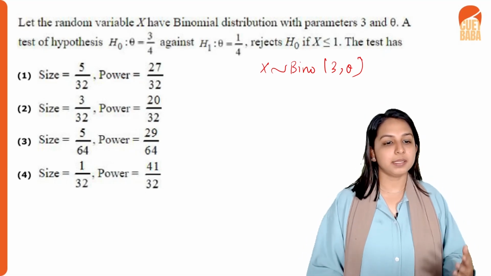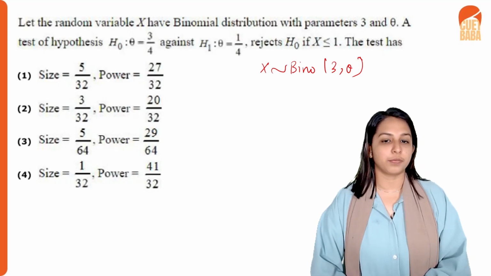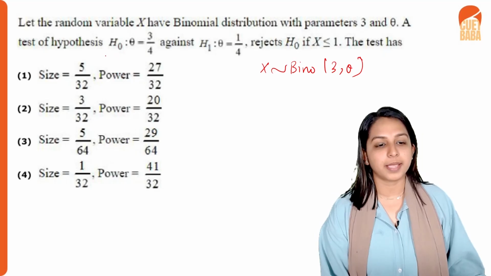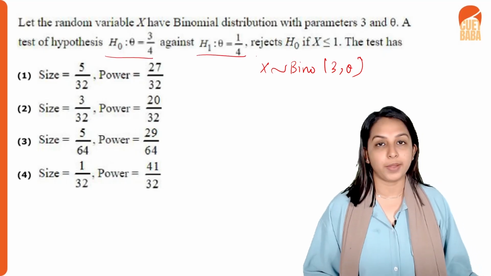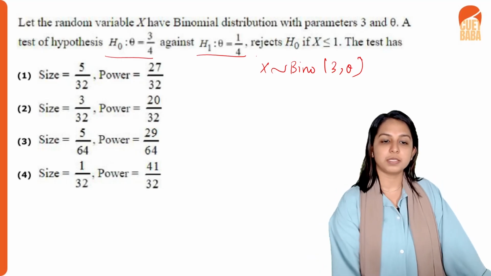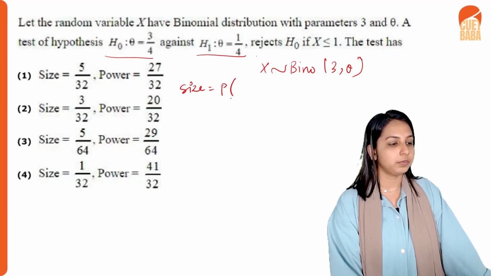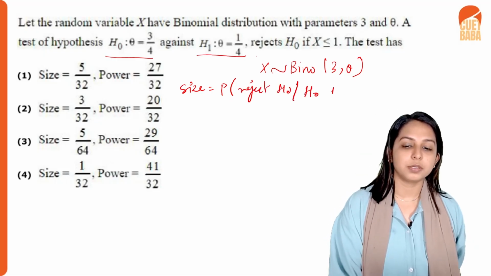Then the test has four options, that is we have to find out the size and power of the test. So simply the null hypothesis and alternative hypothesis is given. So using that we can define the size and power. So first we will find out the size, that is size is equal to probability of reject H0 given that H0 is true.